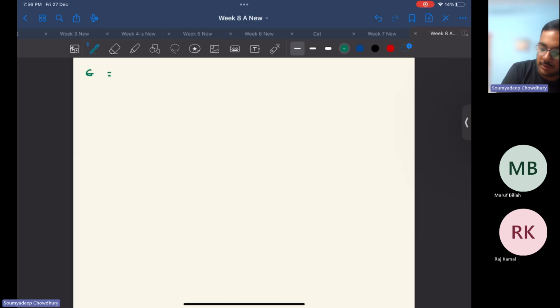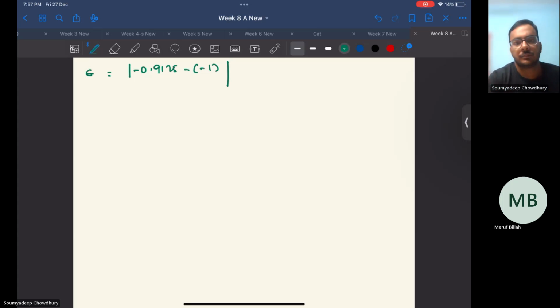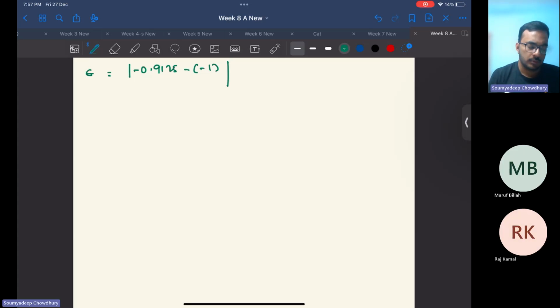And here also, if you want to find out the error, it is minus 0.9125, the true value, minus of minus 1, upon minus 0.9125.